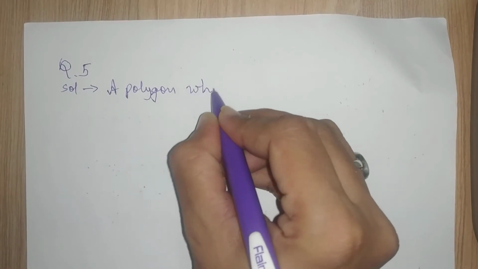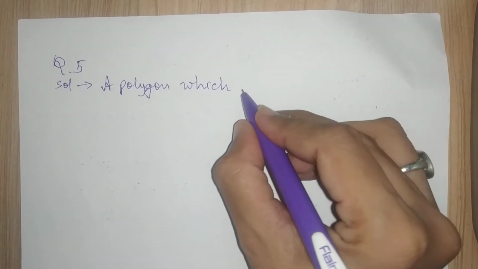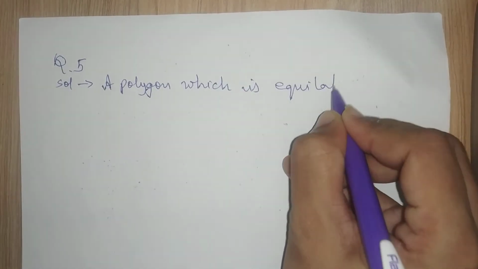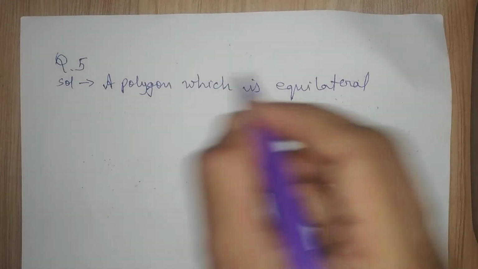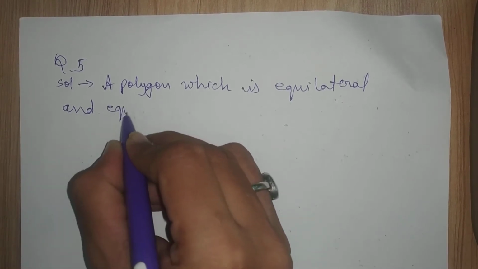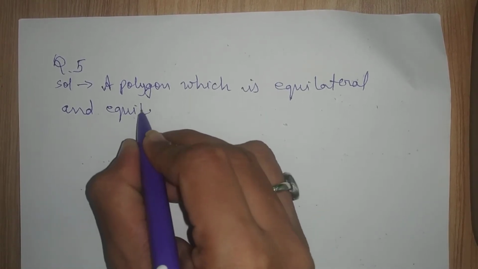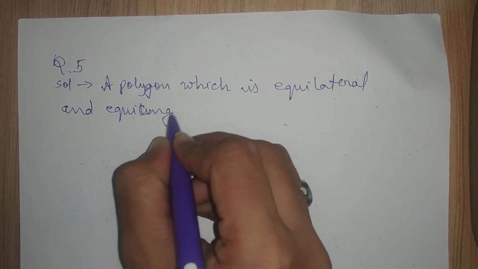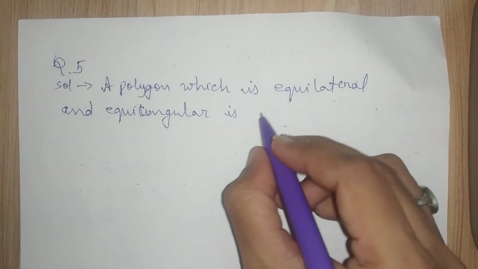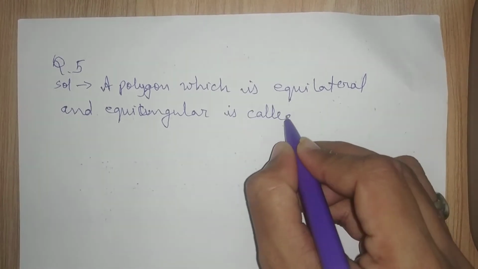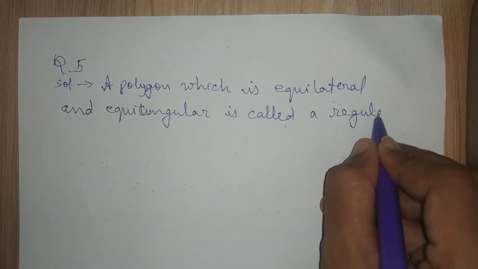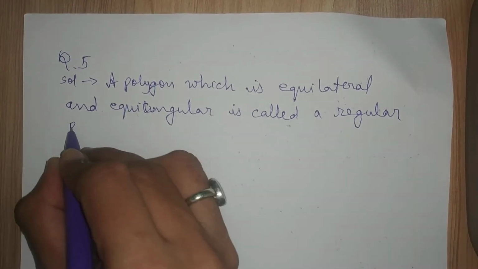which is equilateral and equiangular is called a regular polygon.